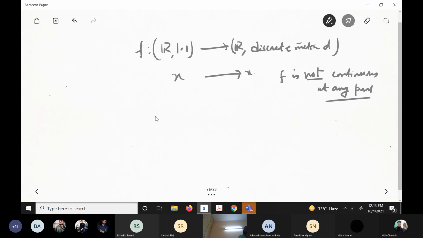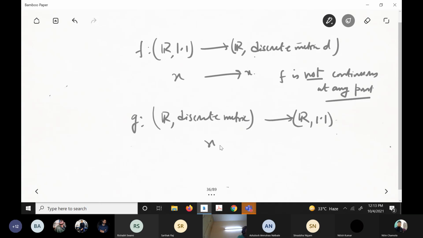But you see that if I change the domain and codomain, that means if I take this, now we call it g.